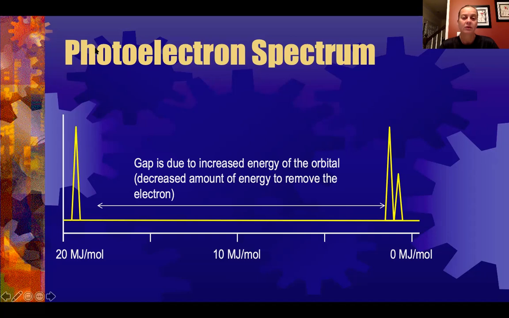And this third peak is about half that size. There's a big gap in these two peaks, and that is because the second orbital here, which we're going to assume is a 1s and a 2s, we'll talk about how we know that in a minute, required far less energy. So when we see a big gap like this, it tells us that we have had a change in energy levels.